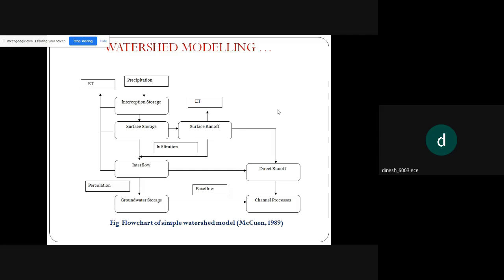Rainwater is falling, it forms precipitation, that water is collected as interception storage, then surface storage, then it is given to surface runoff or interflow, and to groundwater storage.